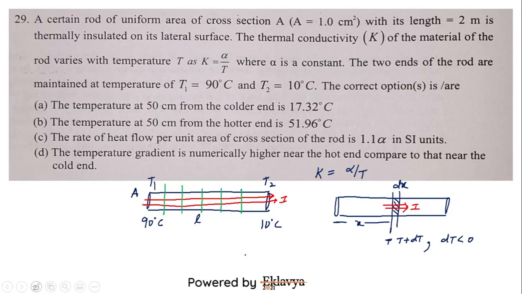So the equation that we can write here is that the mod of the temperature difference, divided by the resistance of this element, is equal to I. So let's try to build on this relationship. If you have understood this relationship, I think we are done here. So mod dT becomes minus dT is equal to I into resistance.